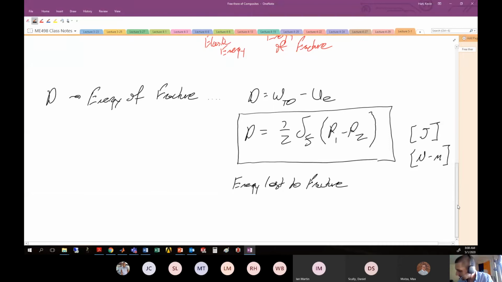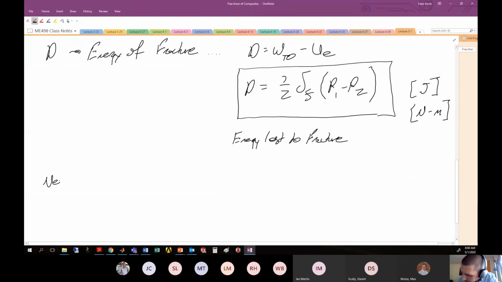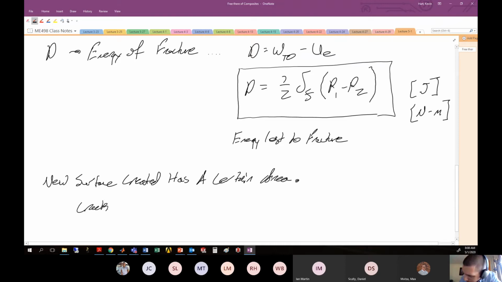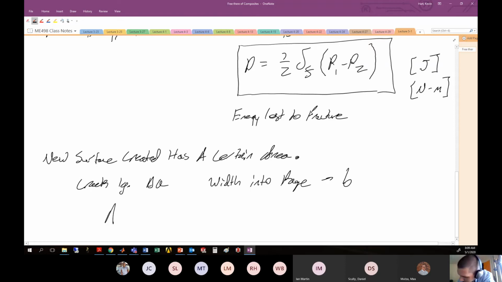So the new surface that's created has a certain area. And the crack that we opened for that particular crack is delta A, and width into page is this variable B. So the area that we opened is just delta A times B. All right.